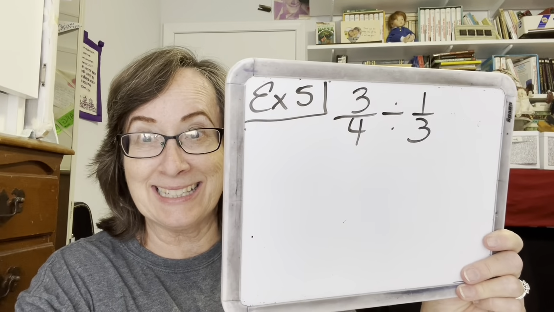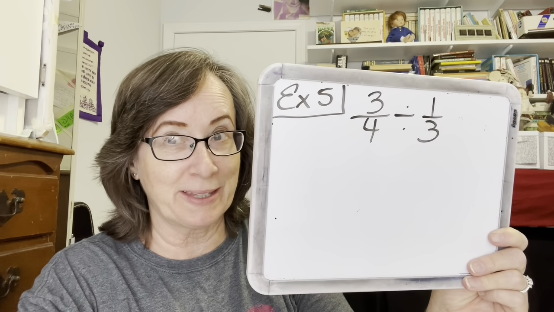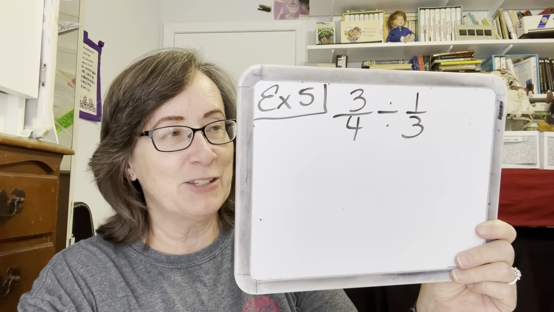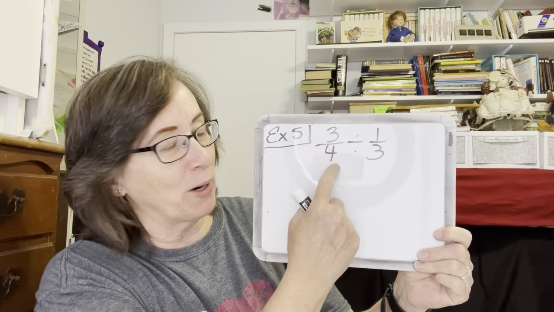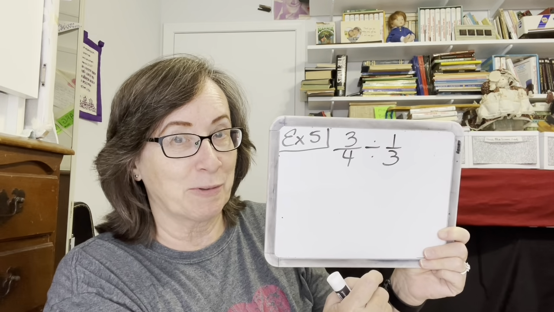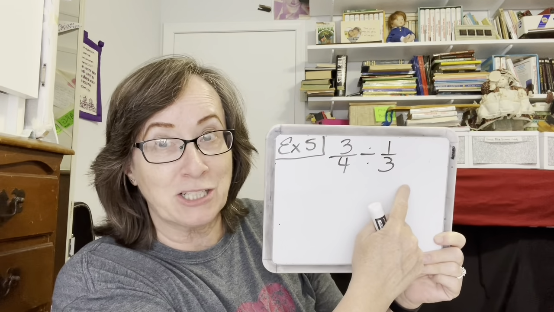Our last example, and then we're going to start our practice problems, which you will be doing in your workbook pages. Okay? So, we have 3/4 divided by 1/3. Example 5. So when we divide by a fraction, instead we're going to multiply by its reciprocal because multiplication is easier.